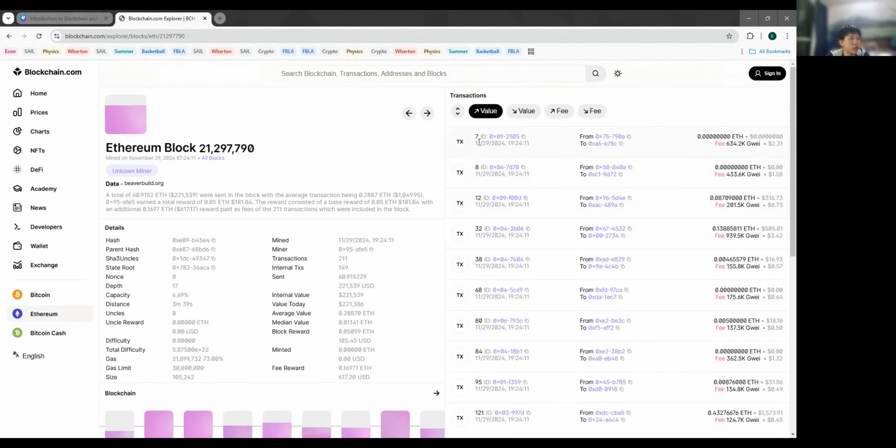Also, you might notice that there's no transaction number 0, or Coinbase transaction, because there's actually no crypto mining on the Ethereum blockchain. So if you see here, there's a fee associated with the transaction. That fee is the amount you have to pay to compensate the blockchain for computing the transaction.